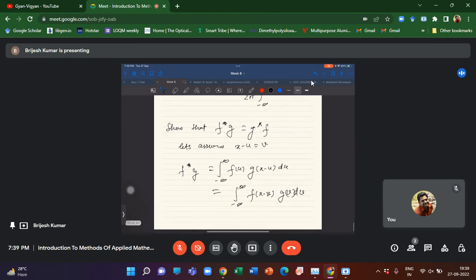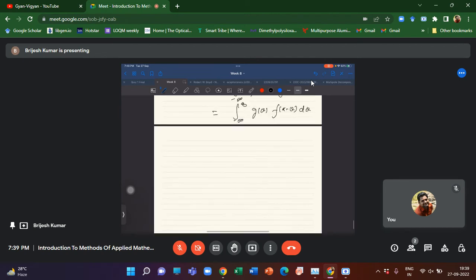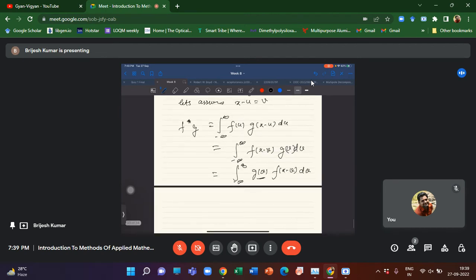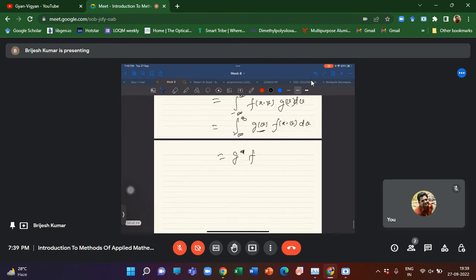Okay, so we can interchange the functions, right? So from this one we can write the integral of g(v) f(x minus v) dv. So this we can write as g * f.